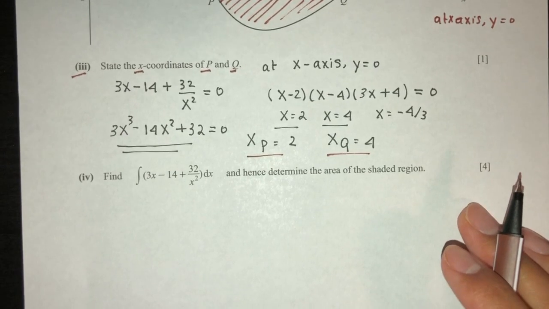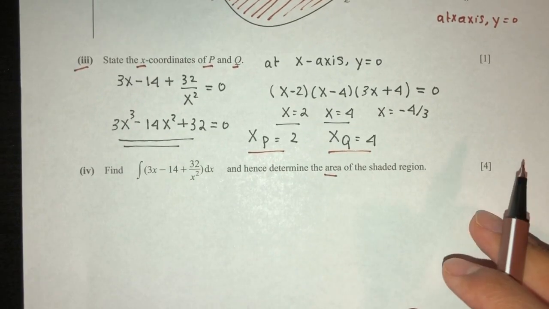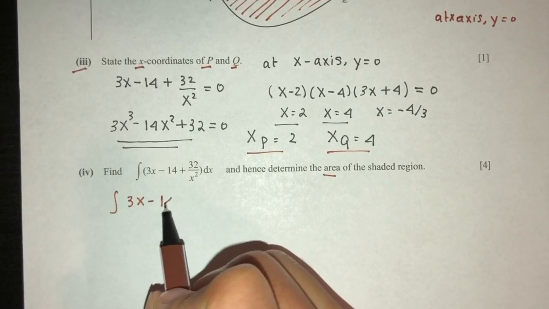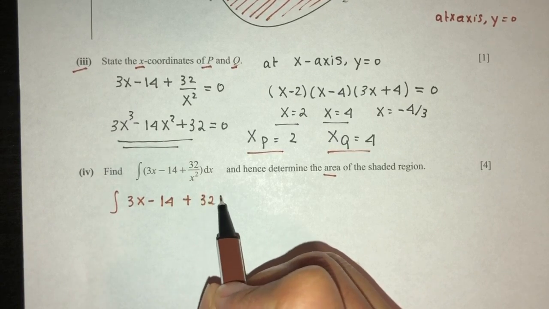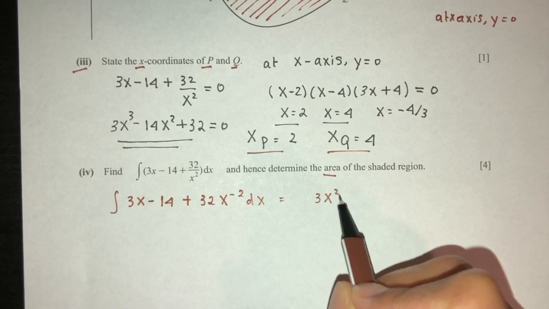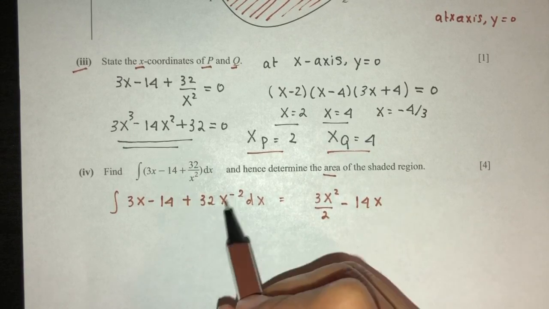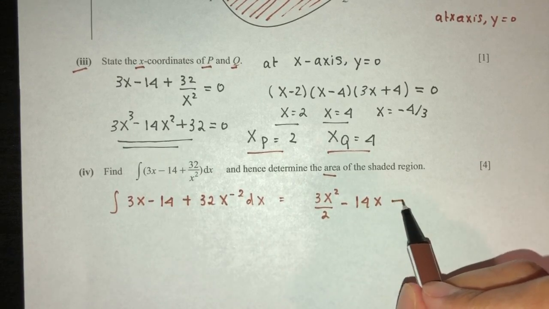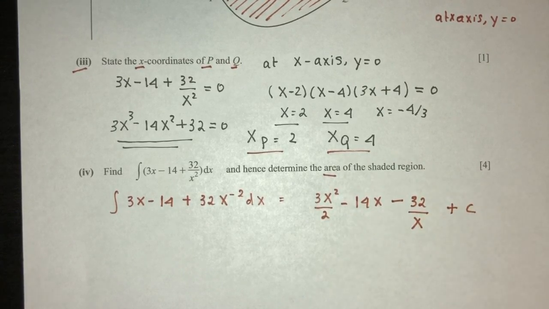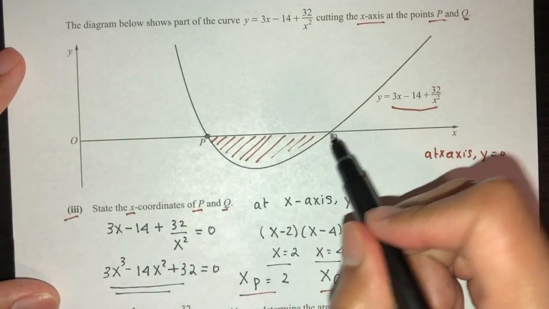Now for part 3, we have to solve this, find this, and hence find the area of the region. So one by one, we can rewrite this as the integral of 3x minus 14 plus 32 over x squared dx. That will be 3x squared over 2 minus 14x, minus 32 over x, plus c. Now to find the area, we have to find between those two limits.